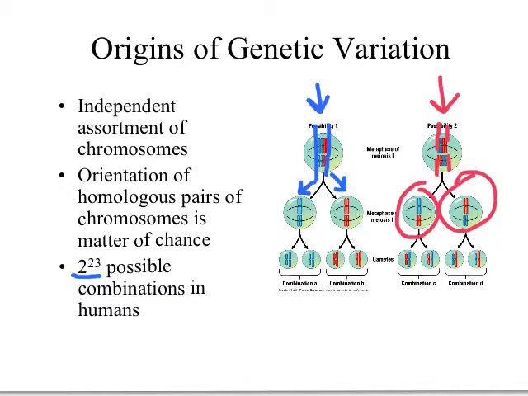That gives us a lot of genetic variation in whose genetic material we're going to pass on to our offspring, and in what combination. So this orientation of homologous pairs meeting as tetrads is just a matter of chance. It's completely random as to how they pair up and who goes to which side of the cell.